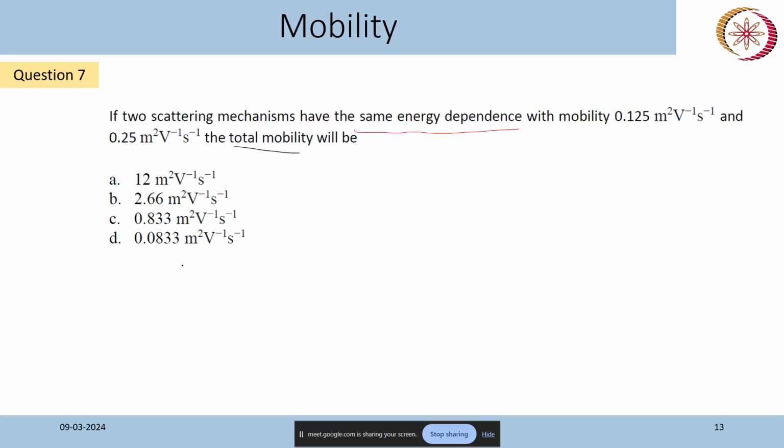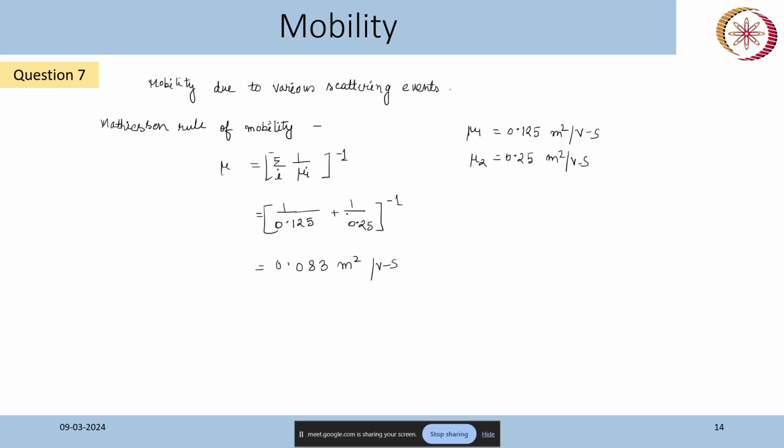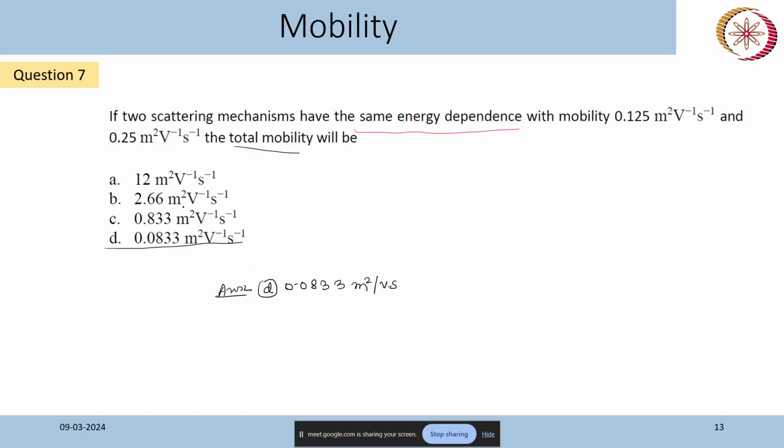Okay, in the options, this is option D. If you forget to take the inverse here, we'll get the answer as 12. So this is given in the first option itself. So you have to be careful here.